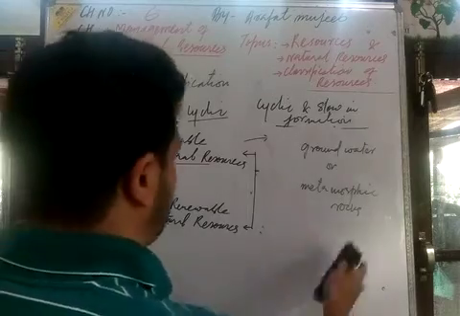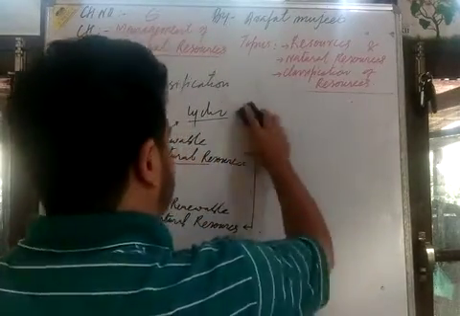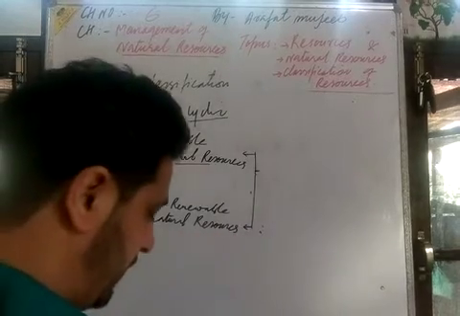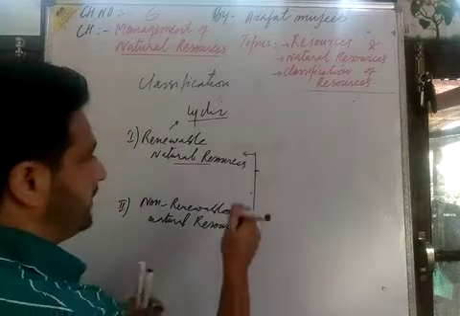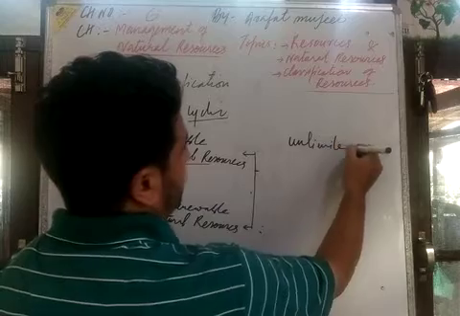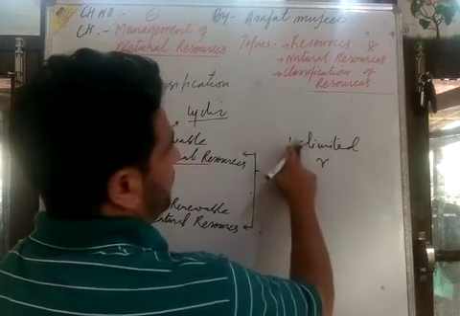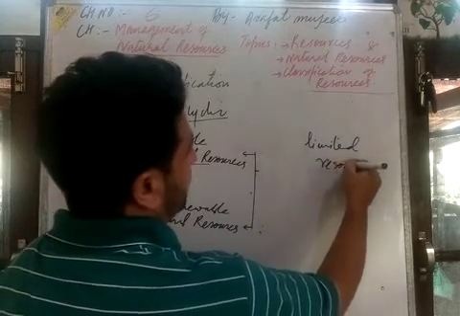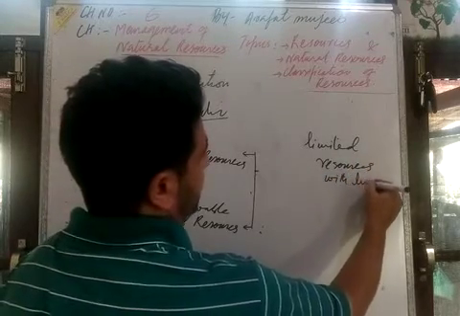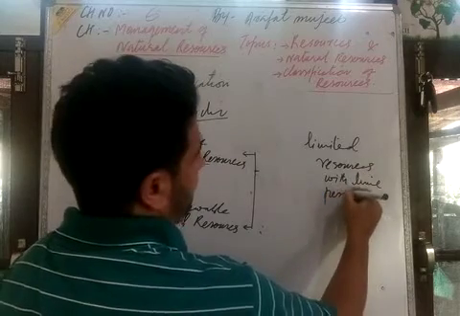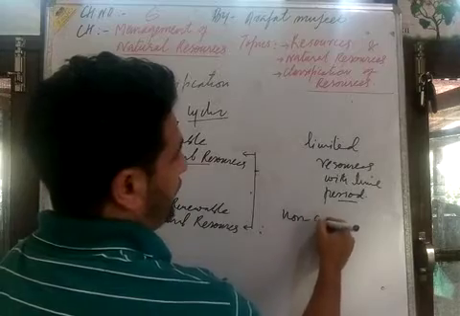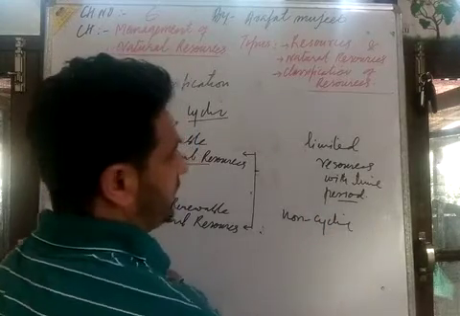The second is non-renewable natural resources. Non-renewable natural resources are actually a type of exhaustible natural resources. So we say they become, with time, limited resources. These are limited resources with time period, limited in quantity or number, because these are non-cyclic resources.